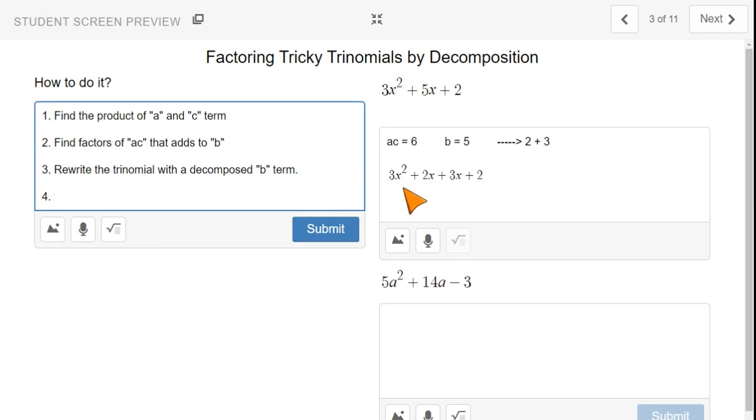Next, we're going to take a look at the first two terms together and the second two terms together. We're going to factor out anything that is common to the two sets.